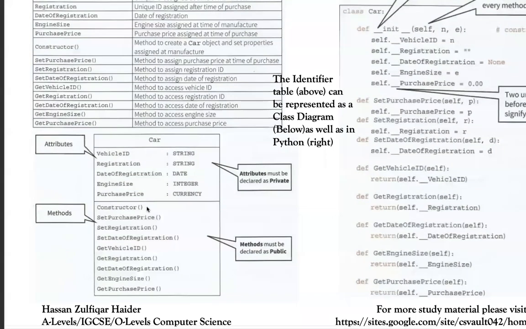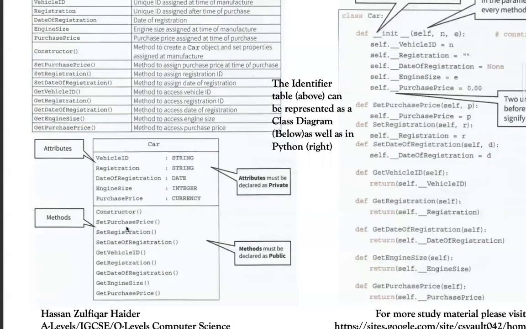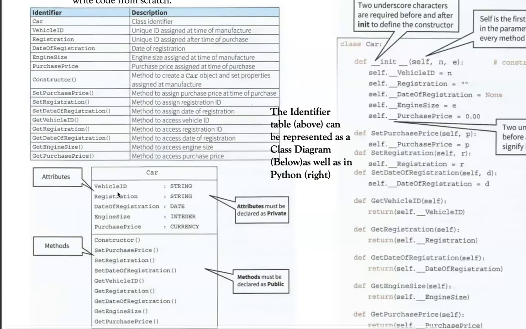Similarly, as you can see here, get vehicle ID, get registration, get date of registration will simply return a particular object's values. You might have guessed, I will at least have to have getter methods for all attributes. Setters are another thing, but getters have to be there.